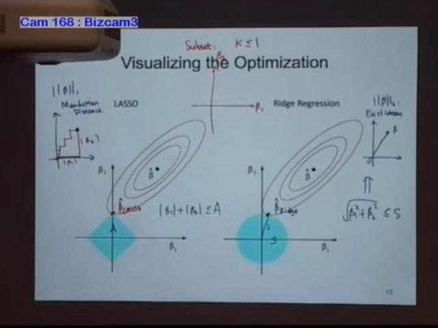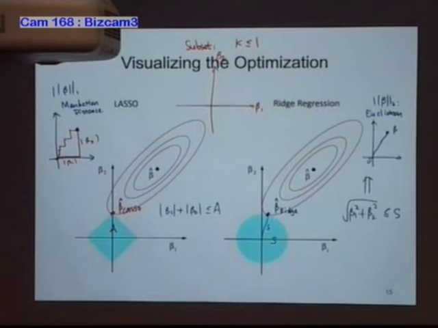Where do we see this? How do we visualize that? You have beta 1 and beta 2 to decide, but you can only keep one of them. What are the possible regions on this picture? Yeah, good. This is the cross.